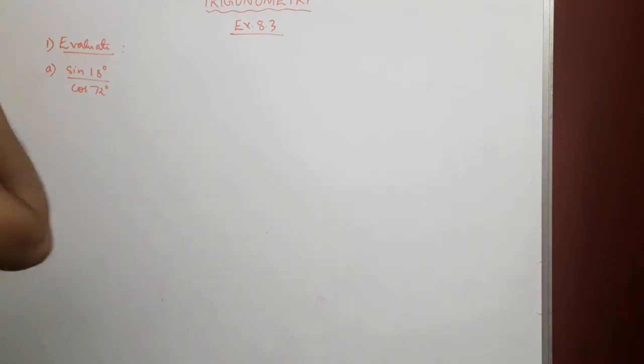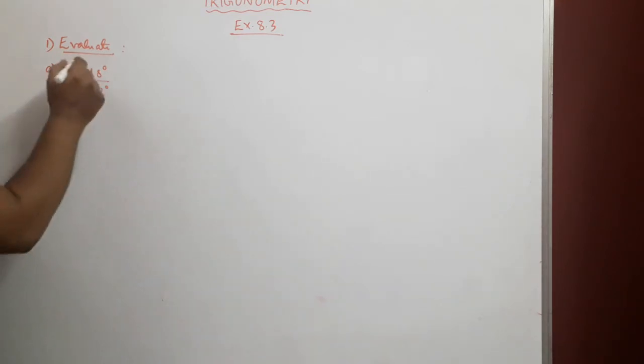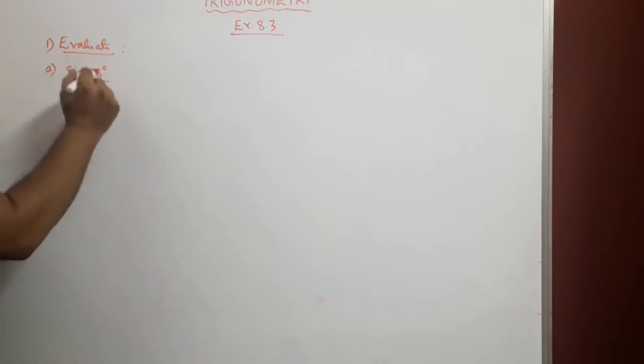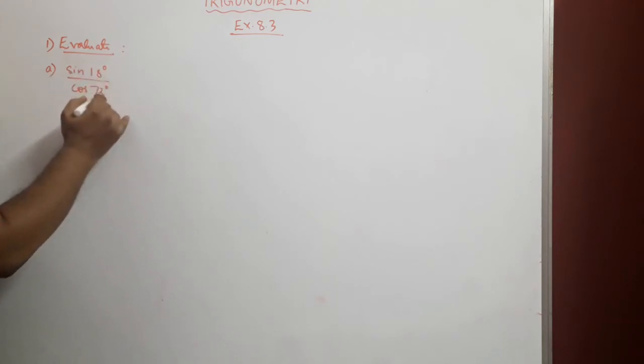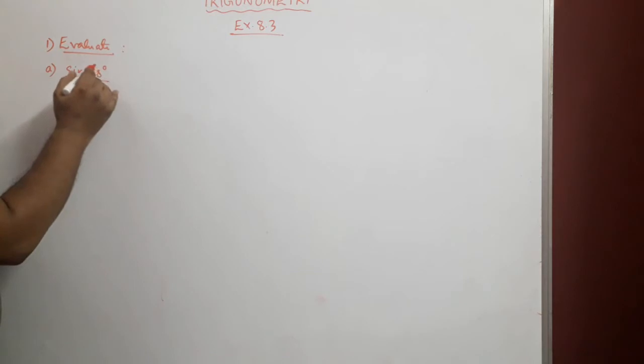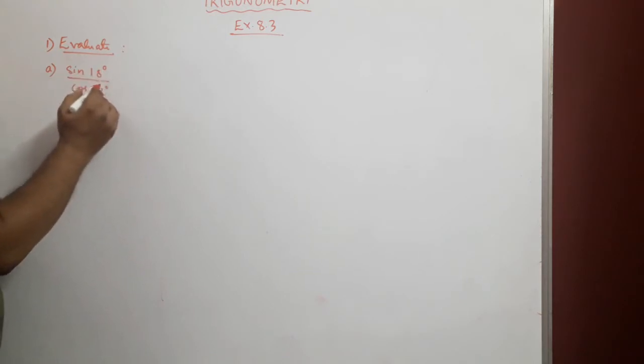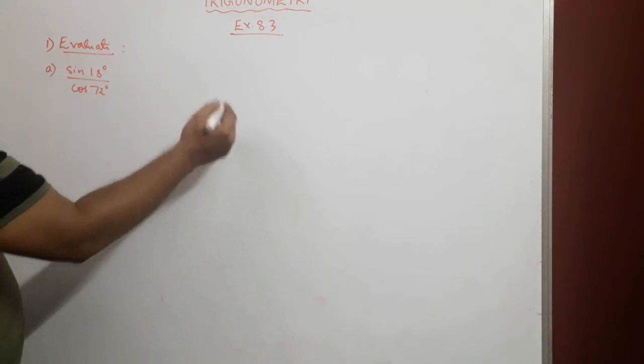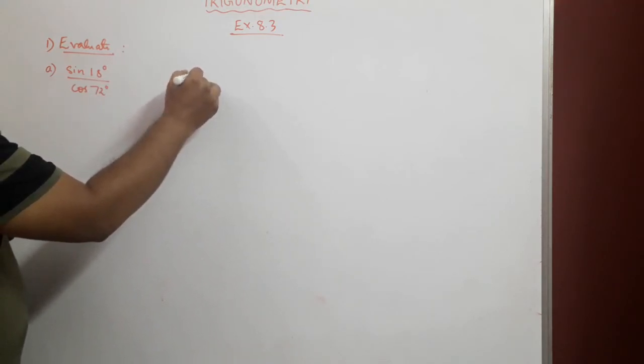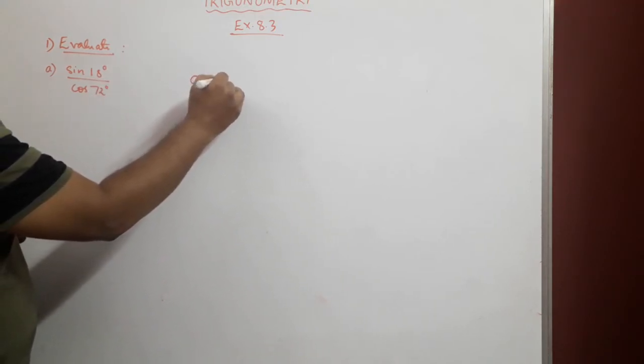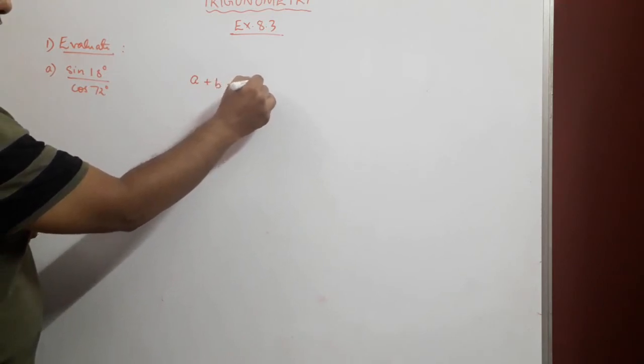If you have a close look, if you just forget for a while this sine and cos and have a look at the degrees, 18 degrees and 72 degrees, they share a relationship with respect to complementary angle. Complementary angles means what? That angle A and angle B together form 90 degrees.